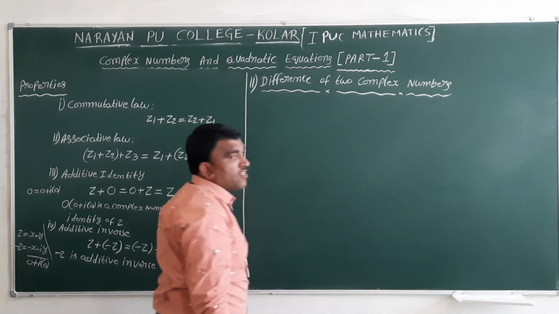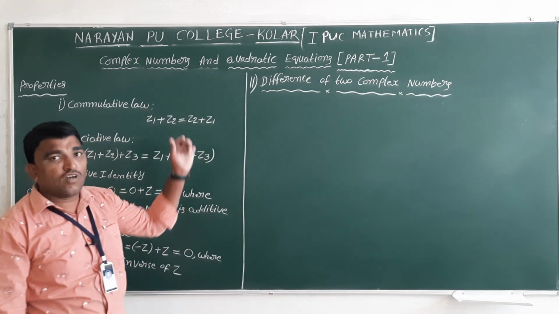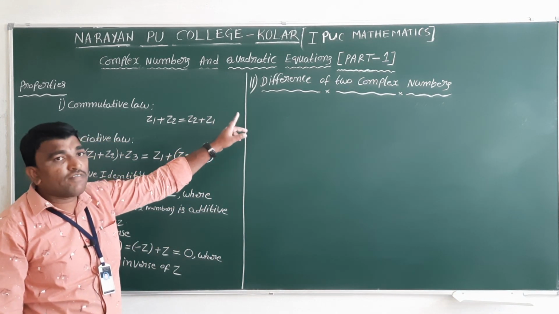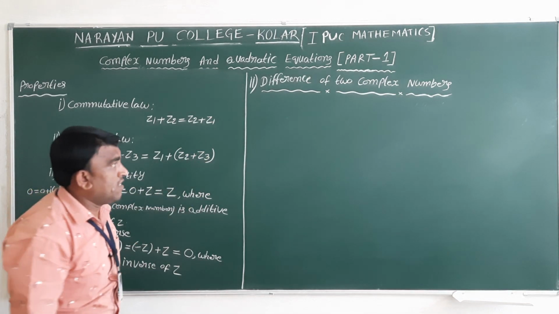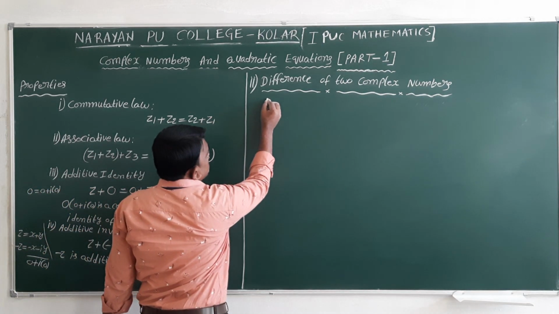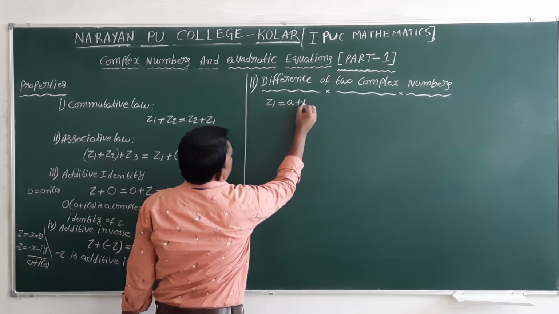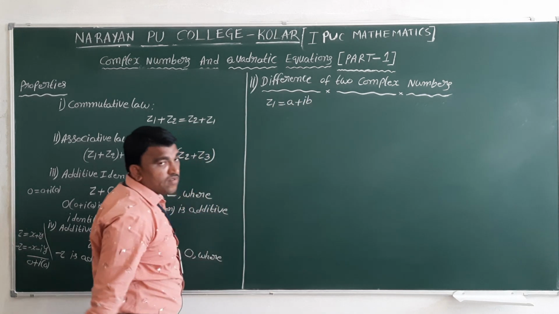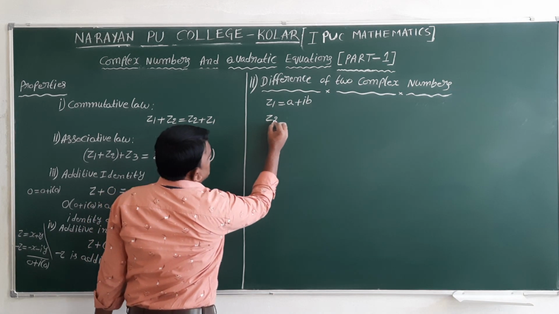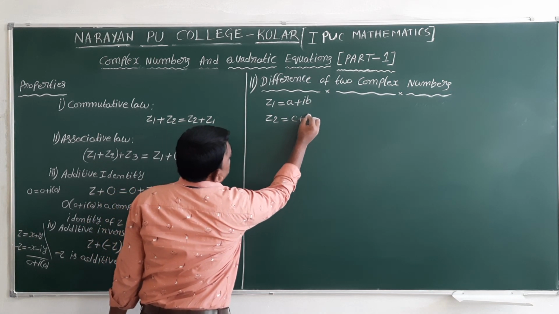So the first algebra of complex numbers is addition of two complex numbers. Next, the second one is the difference of two complex numbers. Suppose the first complex number is z1 equal to a plus ib, and another complex number is z2 equal to c plus id.